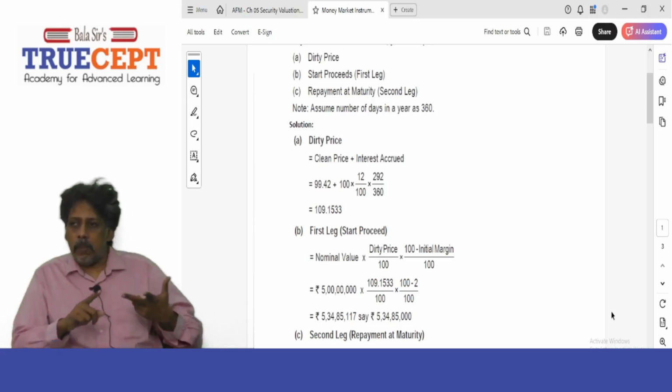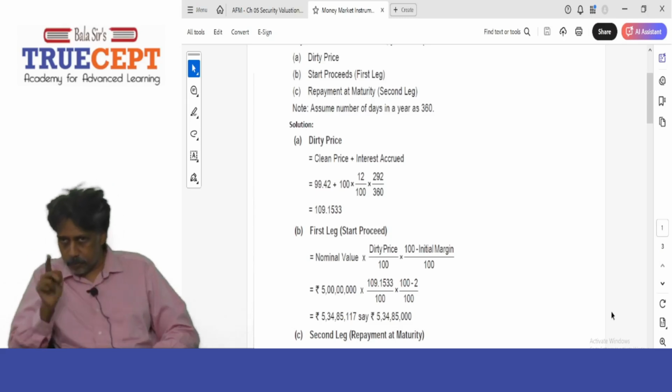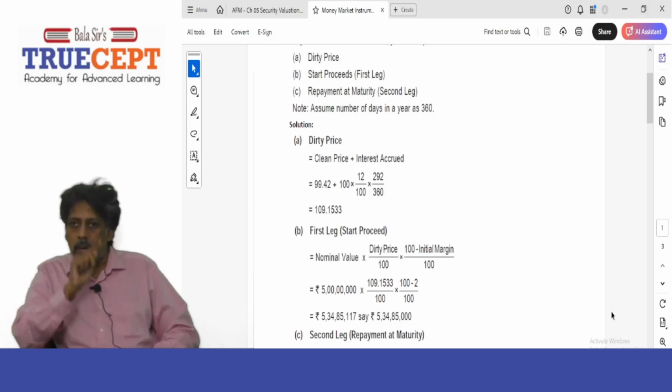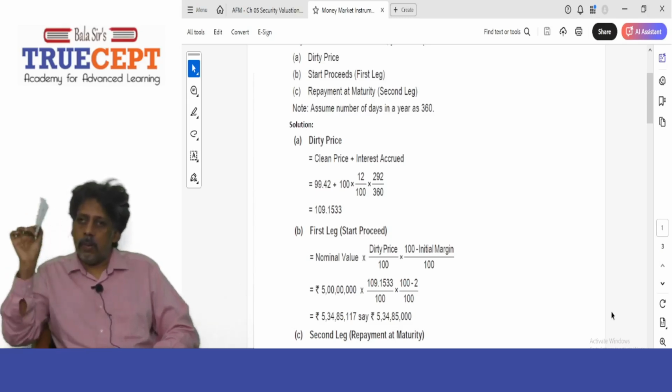You take the clean price, rupees 99.42. Is that clear? Yes. Plus rupees 100 face value, and on that 12% is the rate of interest on these government bonds.